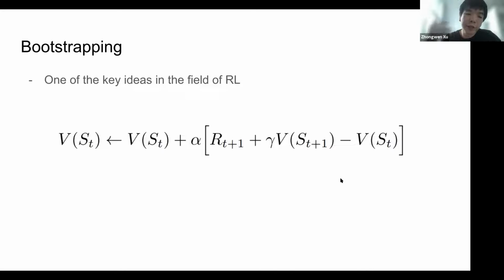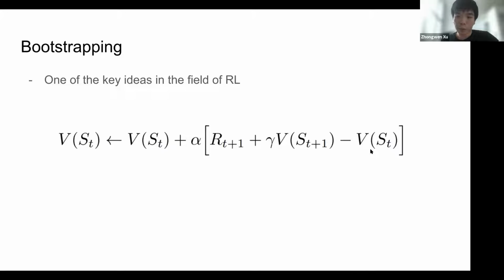So it is learning the value function from an inaccurate estimation of the value. Sometimes people say it is learning from a guess. You are guessing what the values are, and based on your guess of the next time step, you are learning the value function of the current time step.